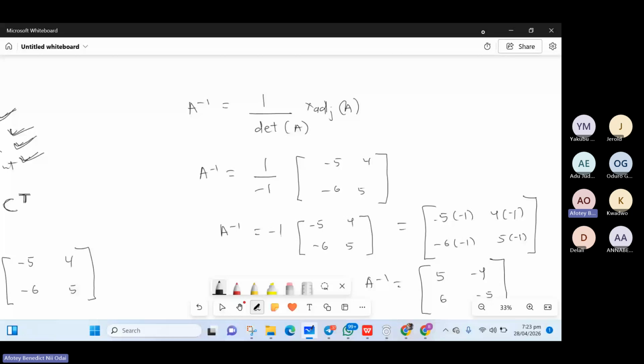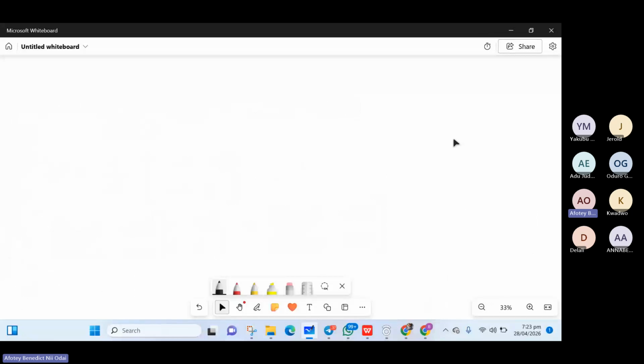So let's see how to find the determinant of a 3 by 3 matrix. And I think with this one, it's best we take an example. So let's go through the two ways we can find the determinant of a matrix. Okay, let's just use the first one.